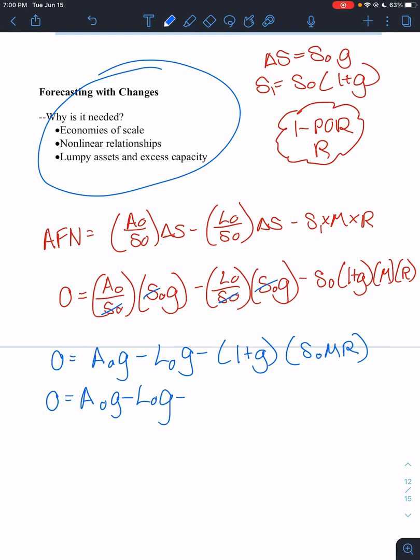I can say 1 times that thing back there is going to be S0MR. And then g times that thing back there, remember to keep the negative, is going to be minus g S0MR. I'm going to rewrite this a little bit to make it clearer. I'm just going to rearrange my terms.